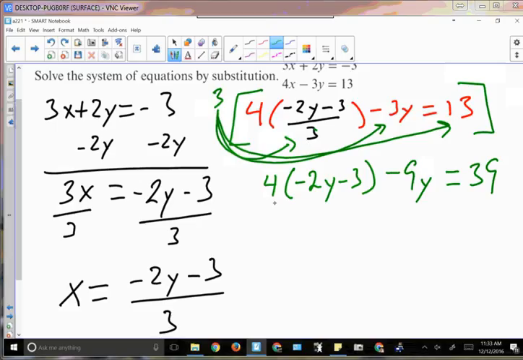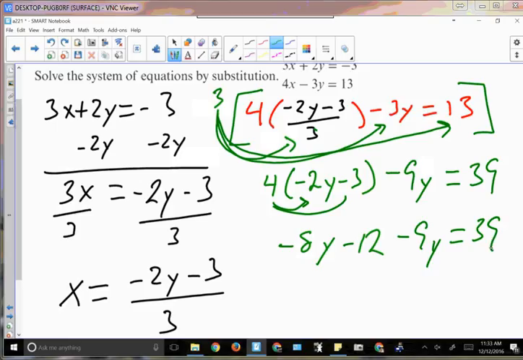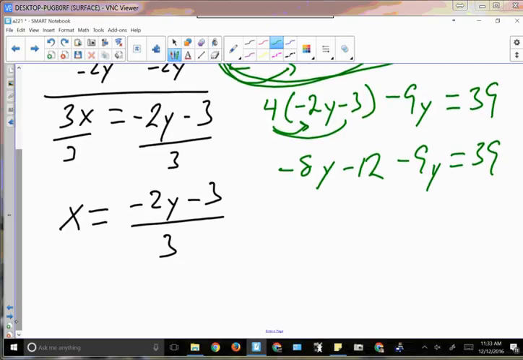So I got distributive property here, so that's going to give me negative 8y over here minus 12. Okay. Minus 9y is equal to 39. Okay. Add like terms. I got like terms here, like terms over there. So that's going to be negative 17y minus 12 is equal to 39.